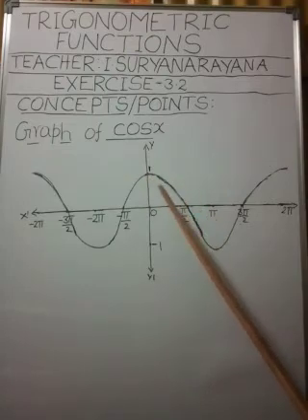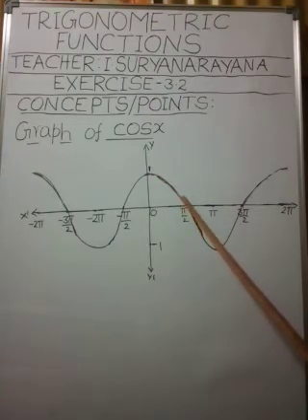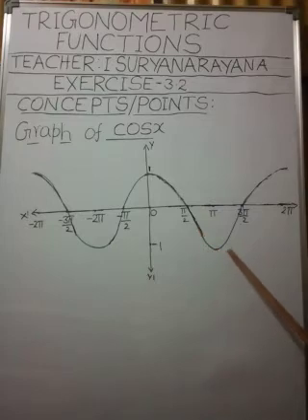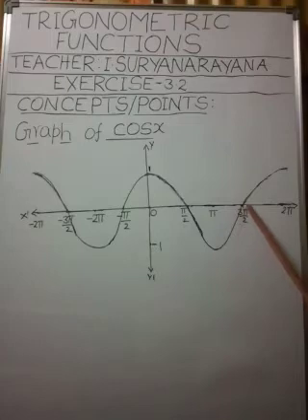Okay, my dear children. So from here onwards it is decreasing, still decreasing after pi by 2, till minus 1. Cos pi is equal to minus 1, and then it is increasing. Cos 3 pi by 2 is 0, and it is increasing.